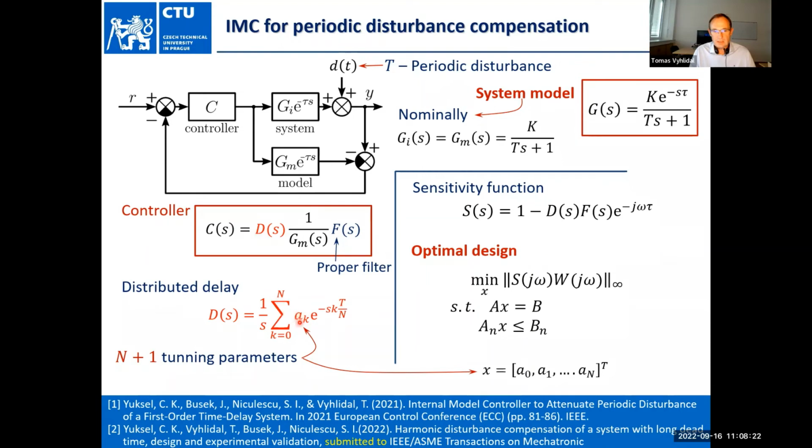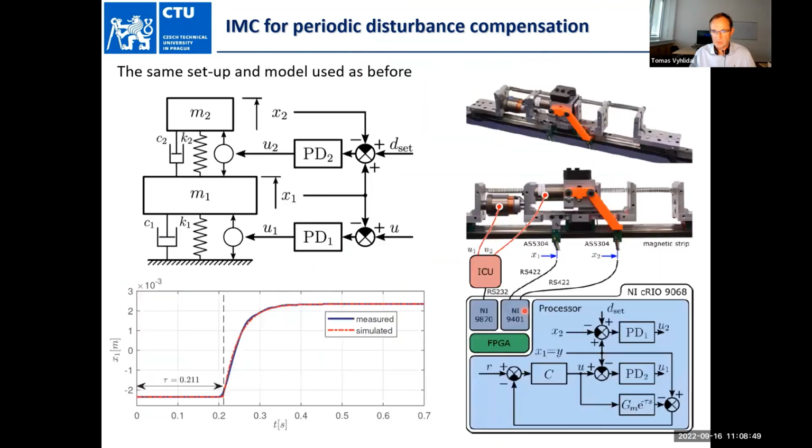These gains are parameters to be tuned. Delays are assumed to be known. The synthesis is now done by robust design, so we minimize the weighted sensitivity function under some given constraints.